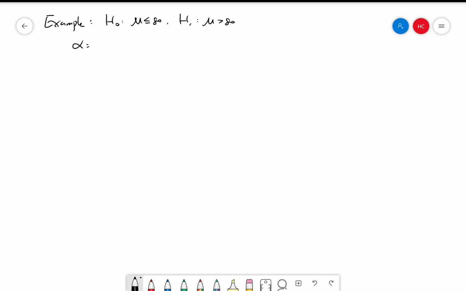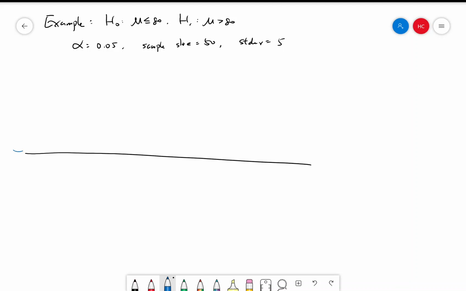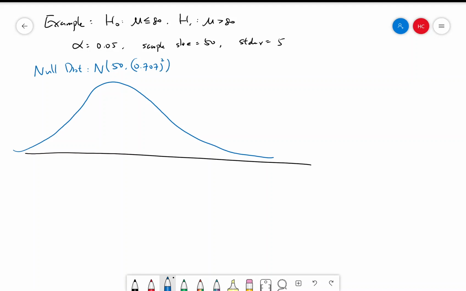Alpha is still 0.05, sample size still 50, and standard deviation is still 5. So that means the null distribution is still the same. It still has mean 80 and standard deviation 0.707.